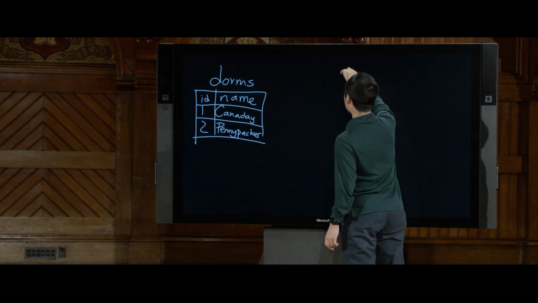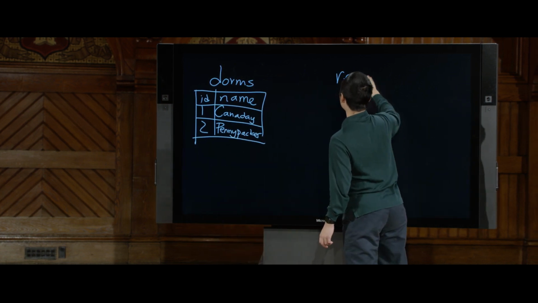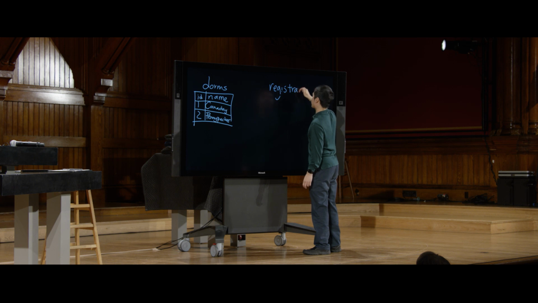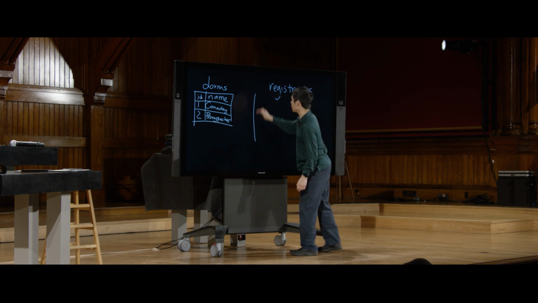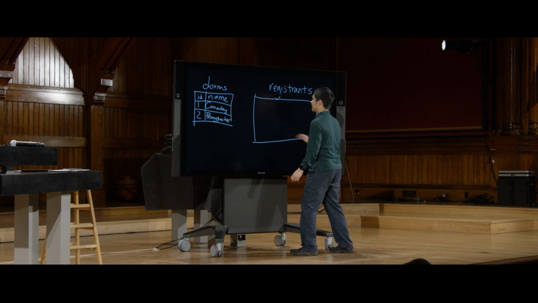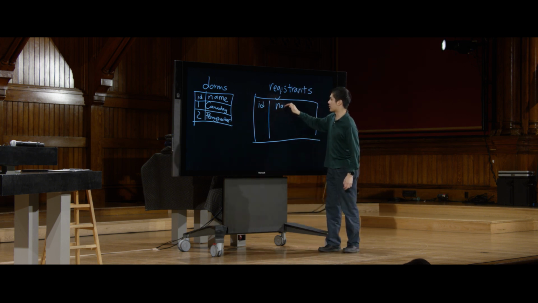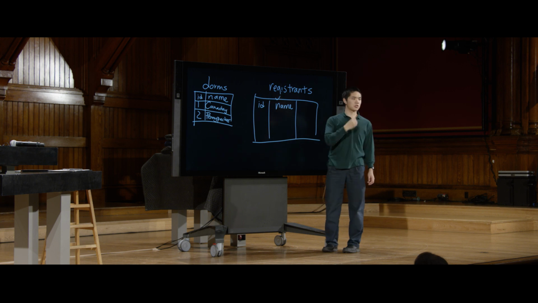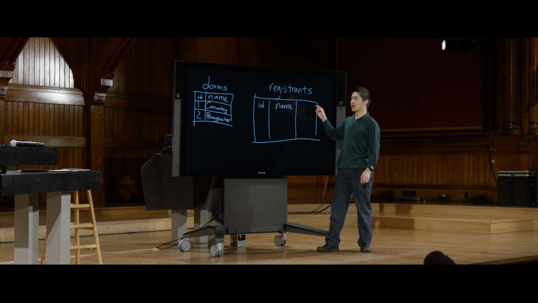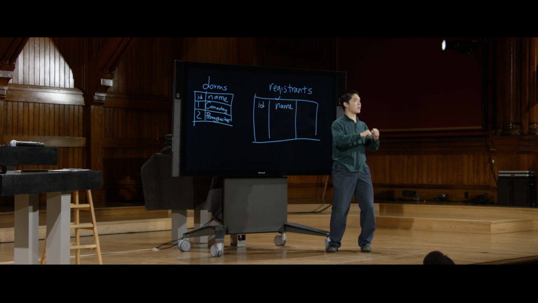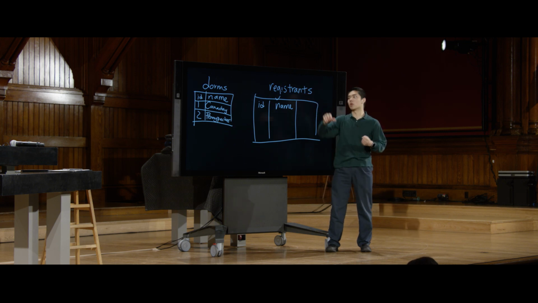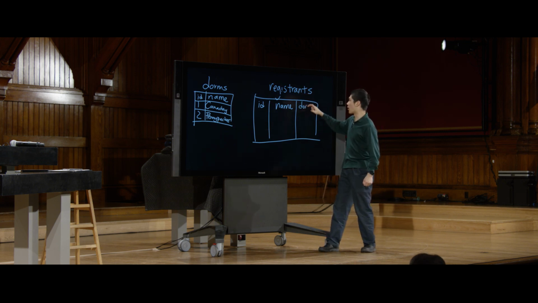And then in the registrants table, an entirely different table, you might have an ID column, and a name column for the name of the registrant. But rather than storing a dorm, a common paradigm is to reference the primary key of some other table. In this case, something like dorm ID.